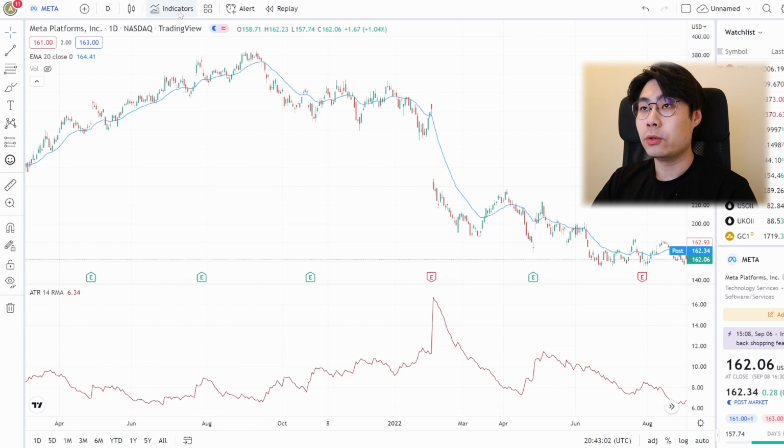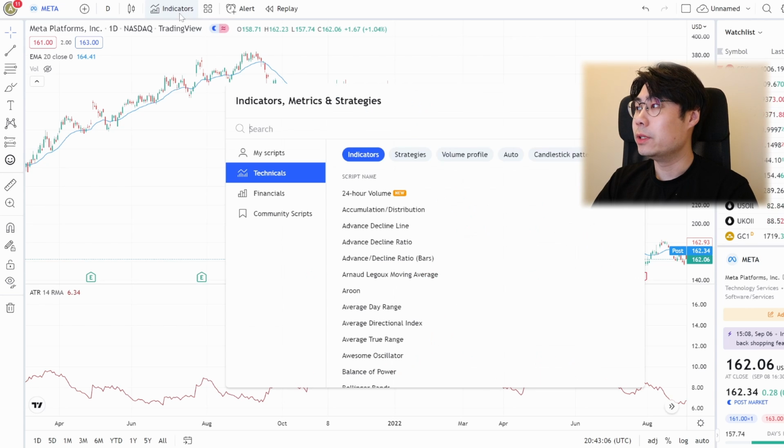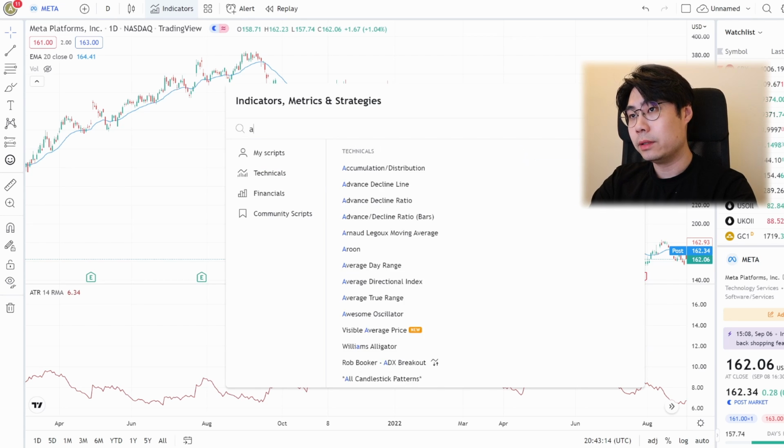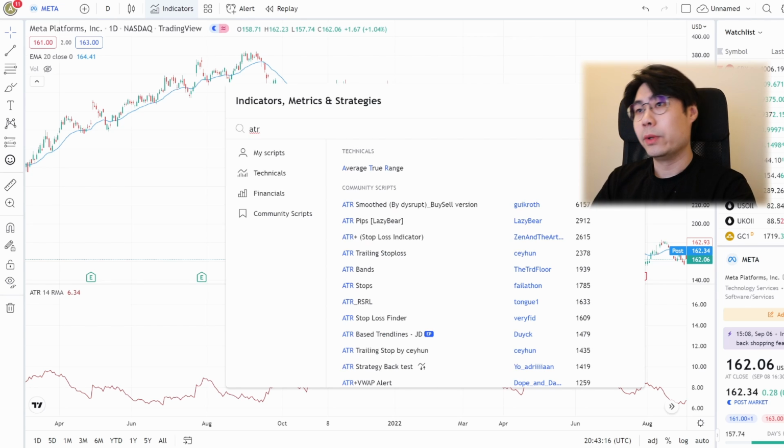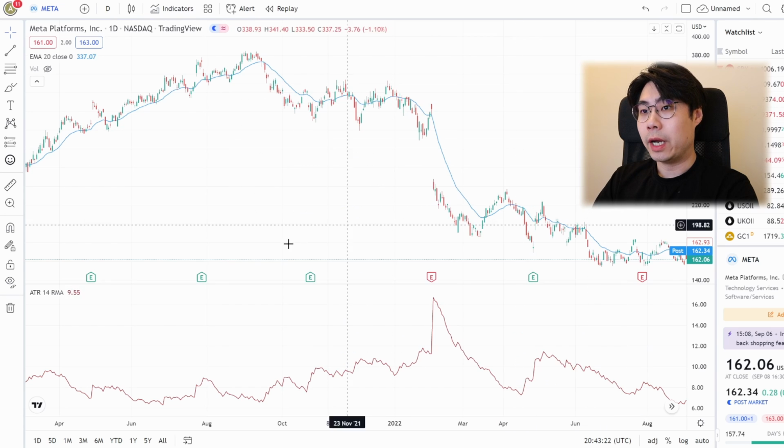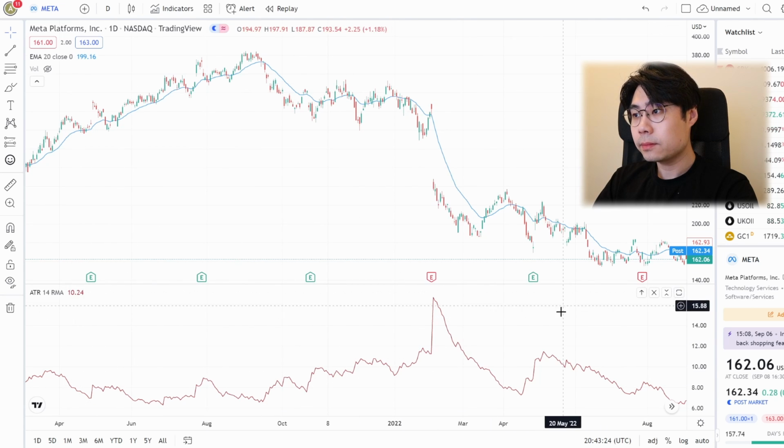Actually, first let me show you how to add indicators in TradingView. All you have to do is click on indicators, and there's a whole bunch of different indicators that TradingView already calculates for you. So let's say if we want to do ATR, we can just type in average true range, or ATR for short, and we can click on that, right? And this will bring up the below panel.